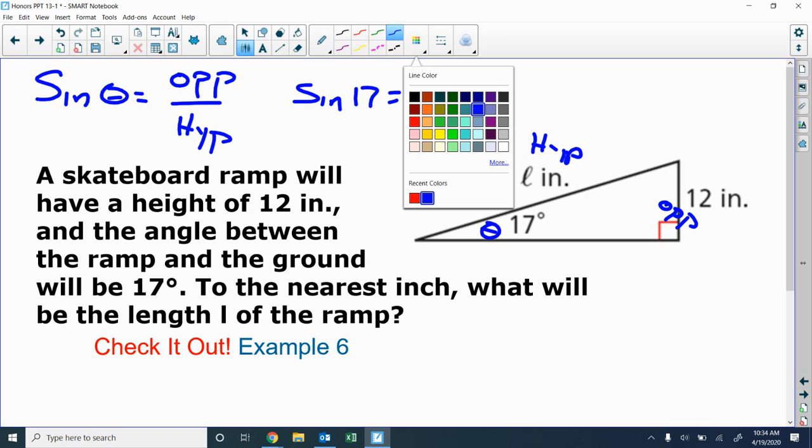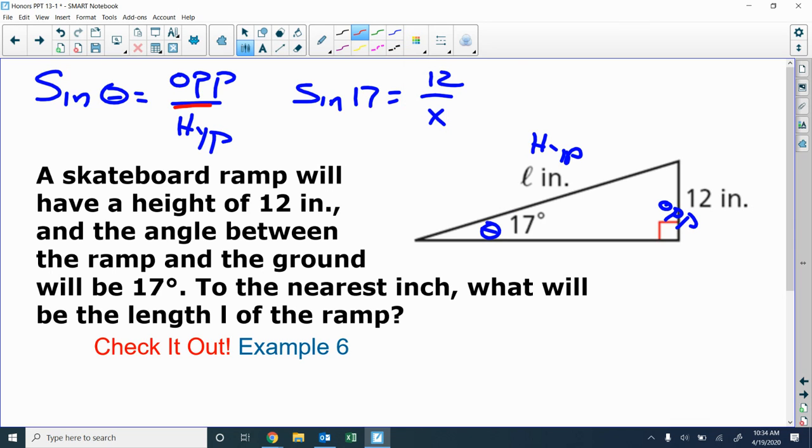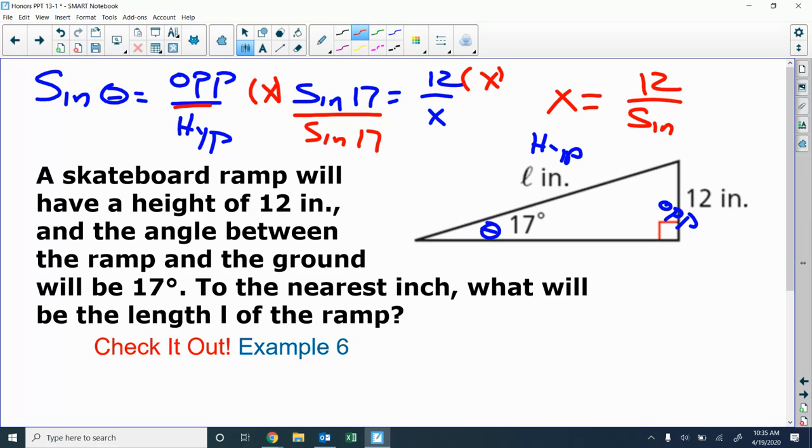Now this one's a little trickier because the x is down here. So we're going to multiply by x, both sides, and then we're going to divide by the sine of 17. So really, our answer, our hypotenuse ends up being x equals 12 divided by the sine of 17 degrees.